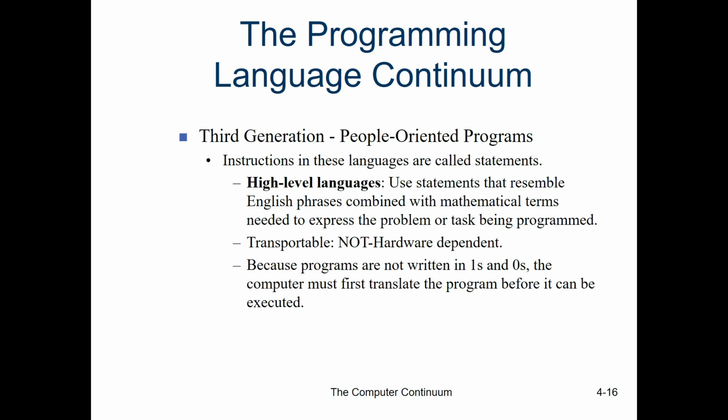That was the main evolution made here. Third generation languages aren't hardware dependent, but since programs are not written in ones and zeros, we need to translate them into executable binary format as well.